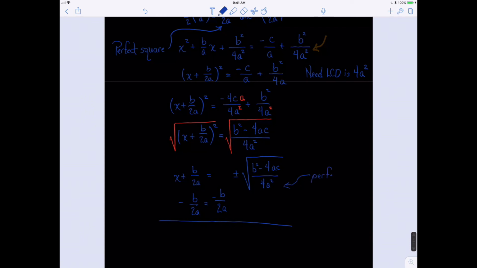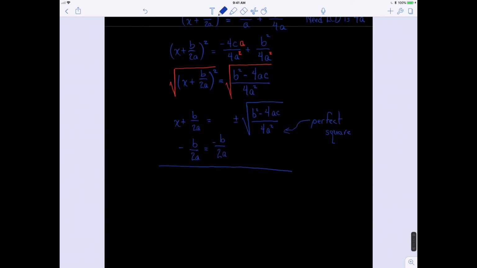So on the left-hand side, I've found out what x is. x is negative b over 2a plus or minus the square root of b squared minus 4ac over 2a.